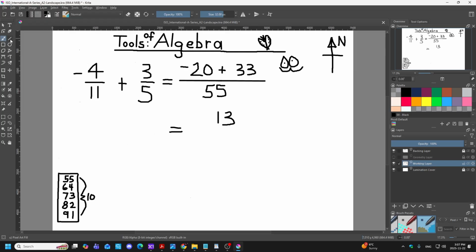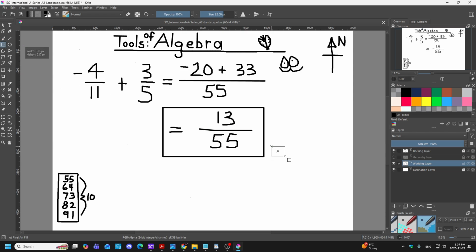And then you just need to ask yourself at this point, is 13 a prime number? It's just the quickest way of figuring out if you can reduce or not. And 13, in fact, is a prime number. So therefore, that means we are done. There is no more reducing.